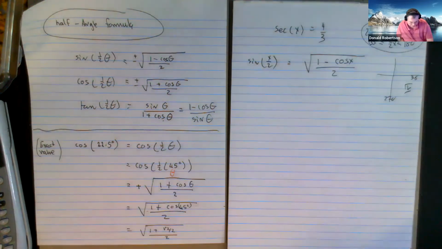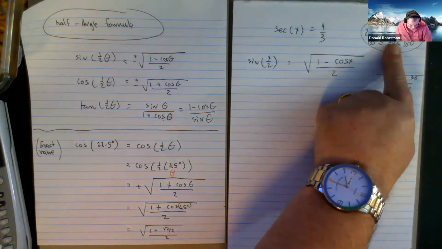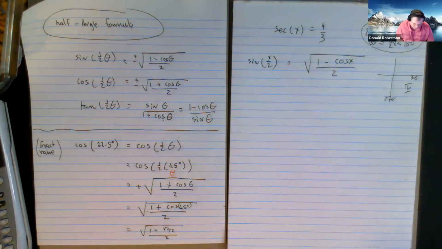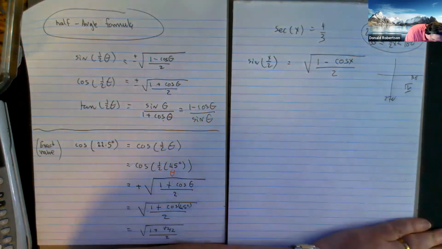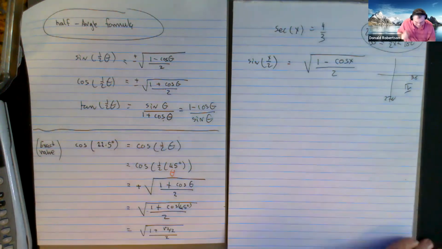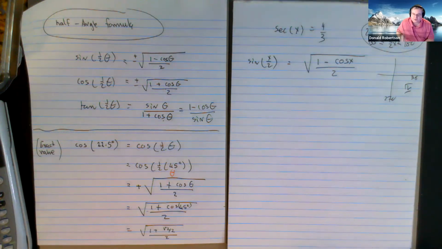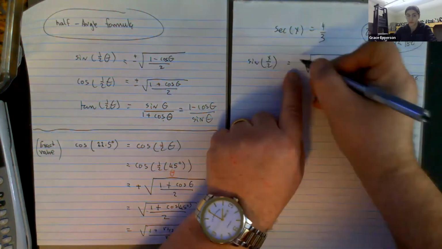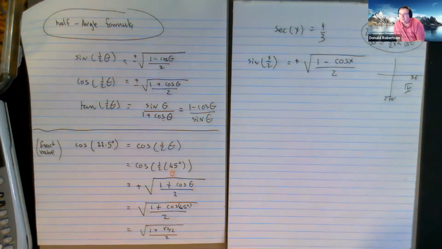What quadrant then is half x in? So where is 135 to 180? The 2nd. And is the sine positive or negative in the 2nd quadrant? It's positive. So that's how I know that's a plus.